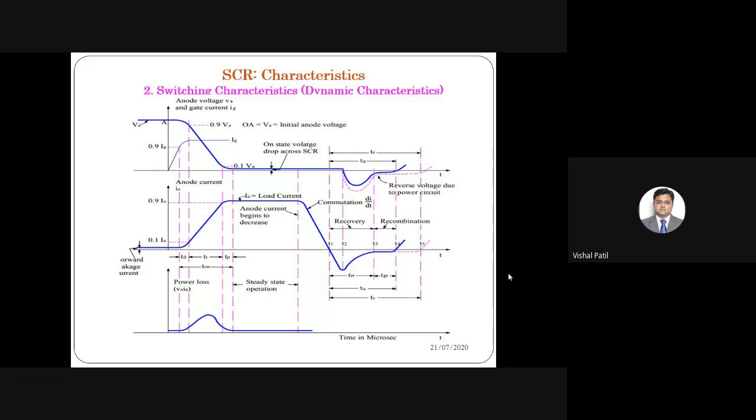For example, in voltage variation with respect to time, when the voltage is at 90% of its maximum, the current is at 10% of its maximum. Okay, so this relation has to be maintained. So there is a projection, 90% of voltage to 10% of current. So you are supposed to draw these characteristics very neatly and carefully.